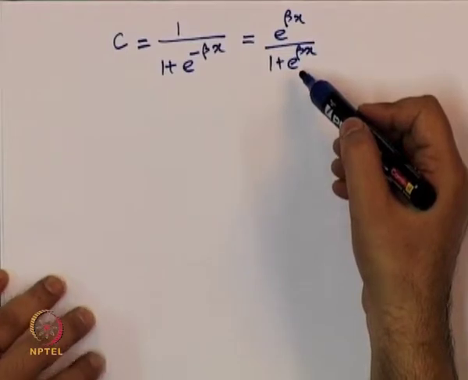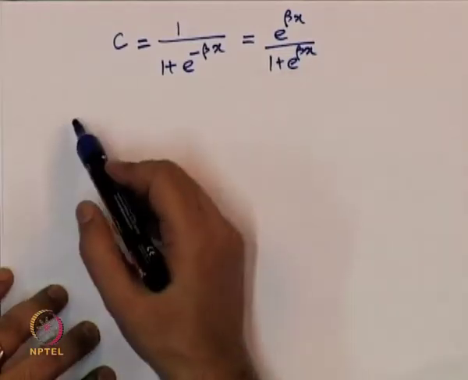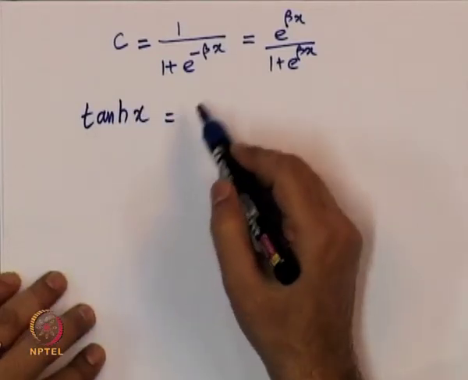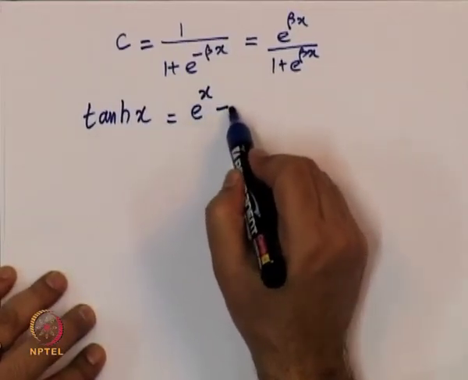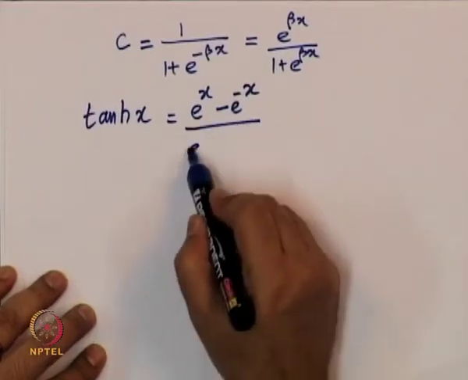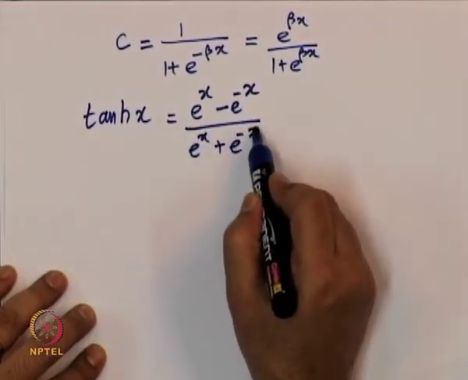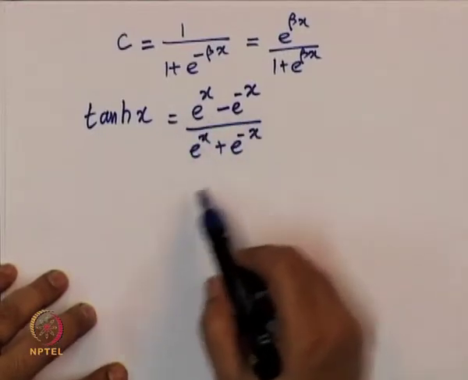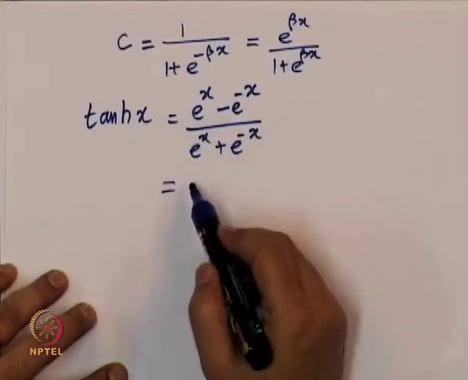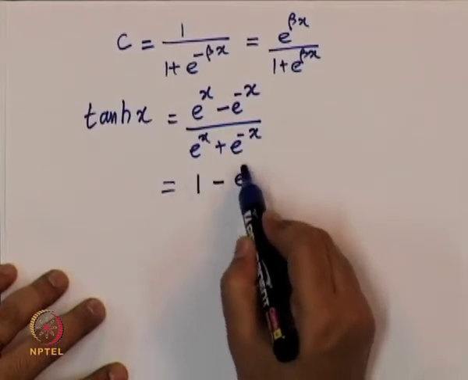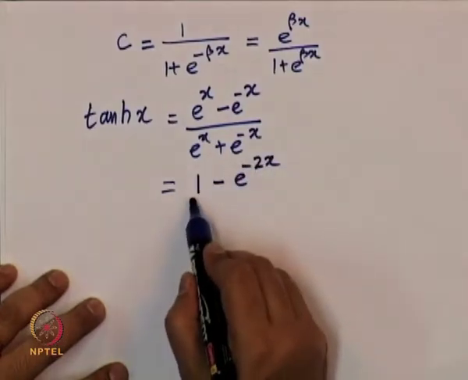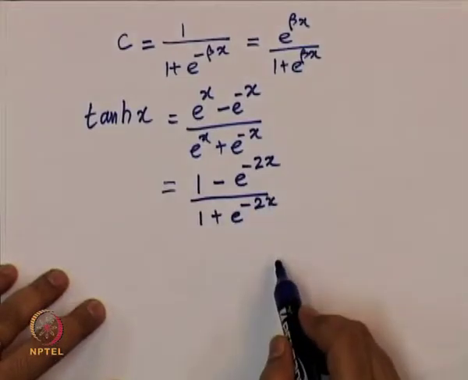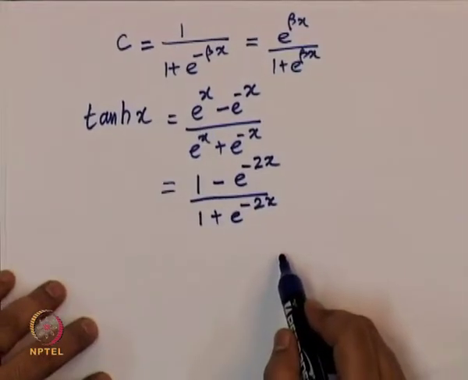Okay. Why is this related to tan hyperbolic function? Let us think of tan h of x, which can be written as e power x minus e power minus x by e power x plus e power minus x. Now, divide by e power x both the top and bottom. So, you will get 1 minus e power minus 2 x by 1 plus e power minus 2 x. Okay.